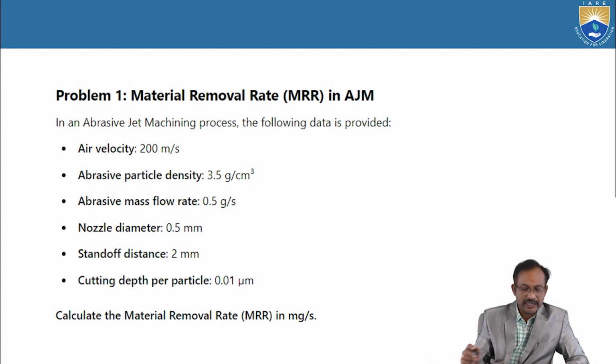Now calculate the material removal rate, MRR, in milligrams per second. Since it is very sensitive, we need to find the material removal rate in milligrams per second. We can also find it in terms of minutes, not an issue.